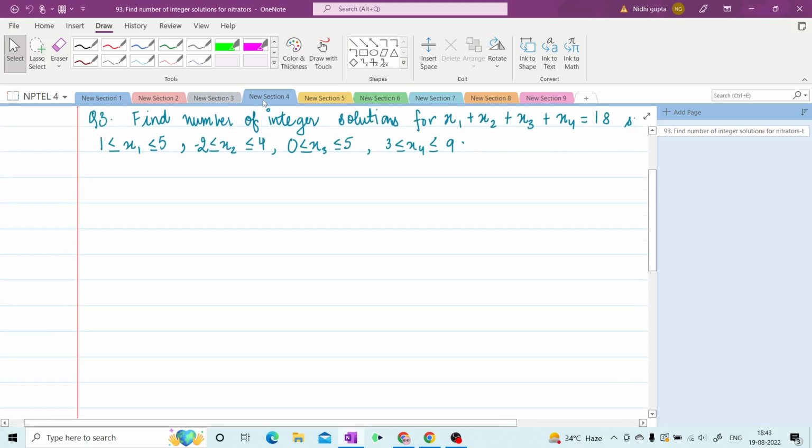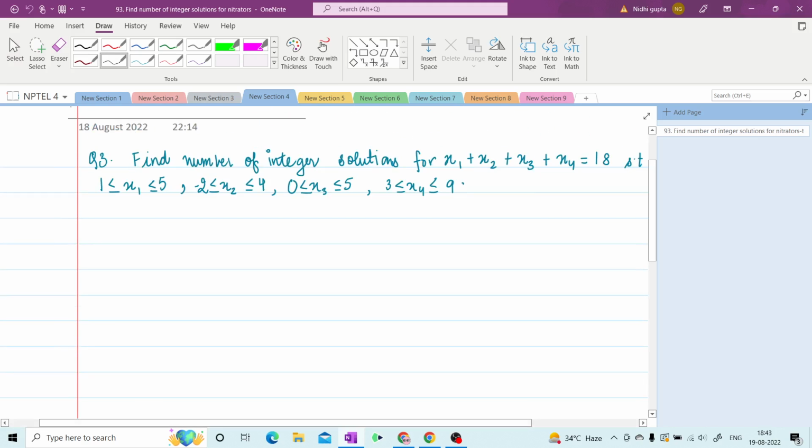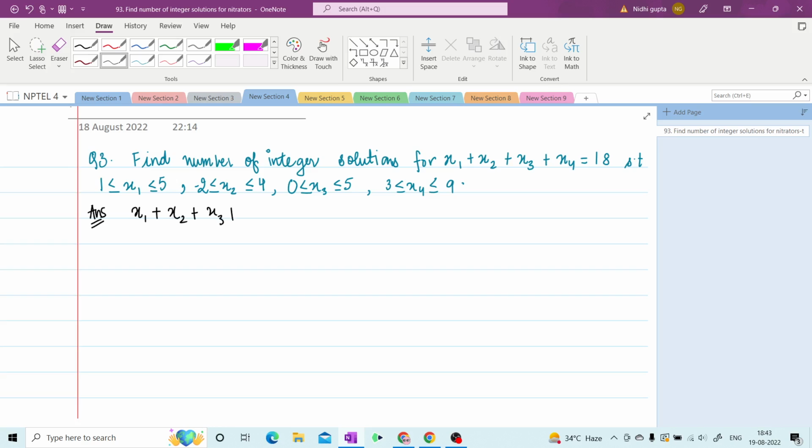Okay. So first we'll do this question. You have studied compositions, right? So we have to find the number of integer solutions for x1 plus x2 plus x3 plus x4 is equal to 18, and we have these conditions on x1, x2, x3 and x4.